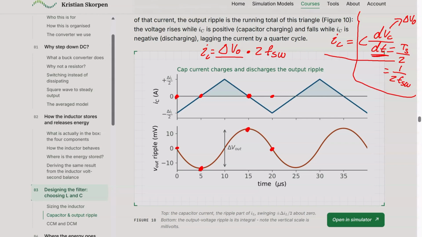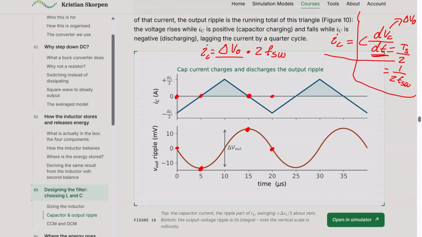So now we want to look at the current. So remember earlier that I said that the current is equal to the ripple of the current. Now you can see here that this is actually the ripple of the current, where you just take the average to 0, right? You just make the offset so it becomes 0 on average.